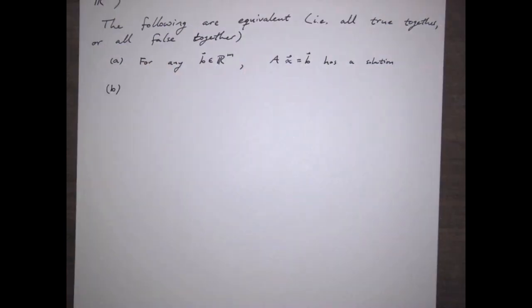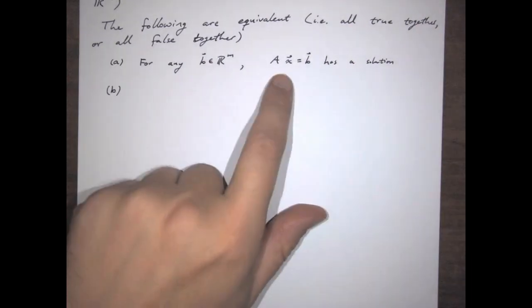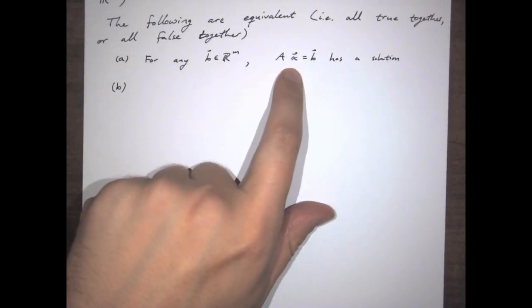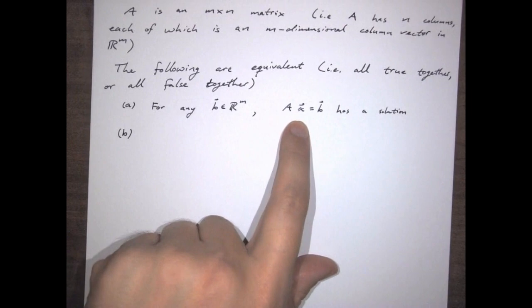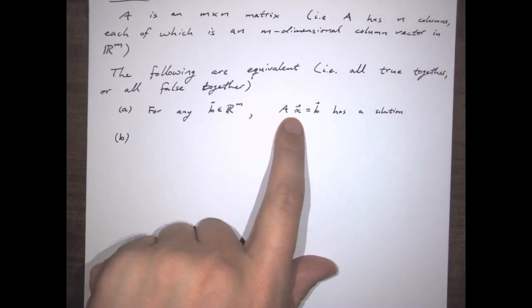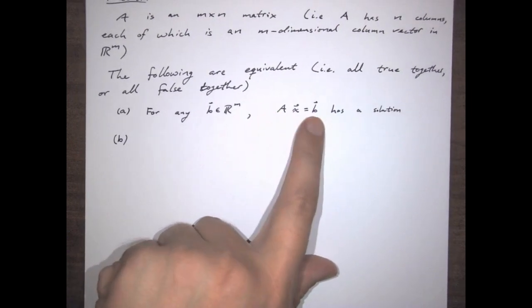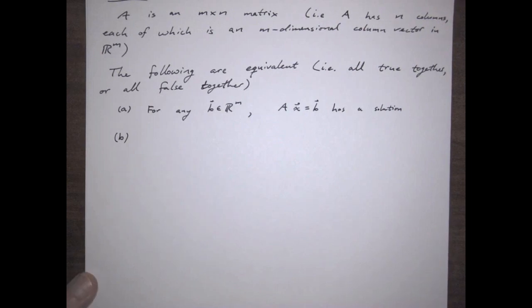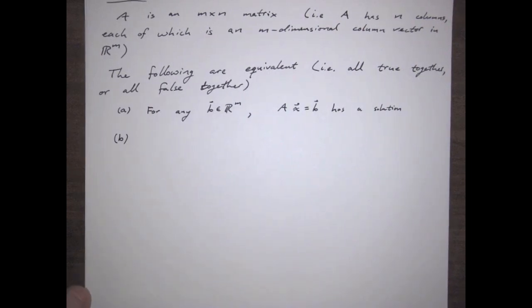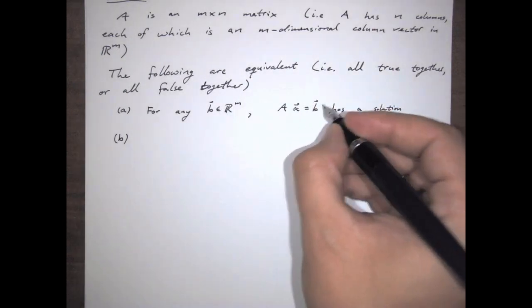Well, what that means is there is a way to find the values of x that we can use as the weights of the columns of A to make them equal B, which literally is saying there is a linear combination of the columns of A that will equal B.